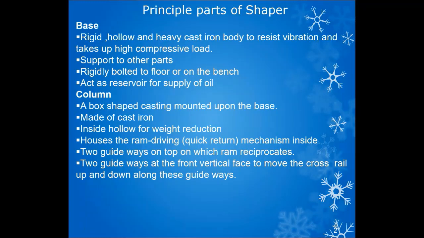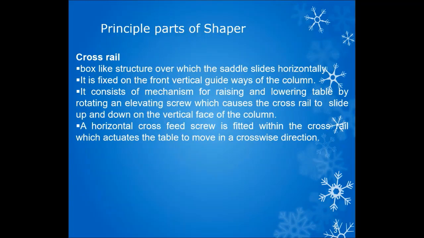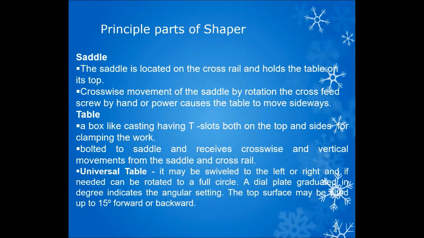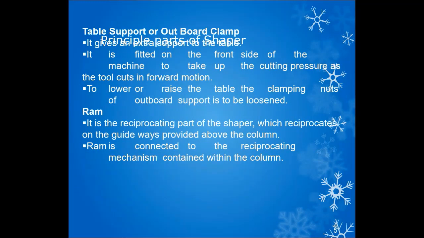Base is used to hold the machine. Cross rail gives the to and fro motion of the tool. T-slots on both the top and side are for clamping the work. Table support and outboard clamp. Ram is the reciprocating part.